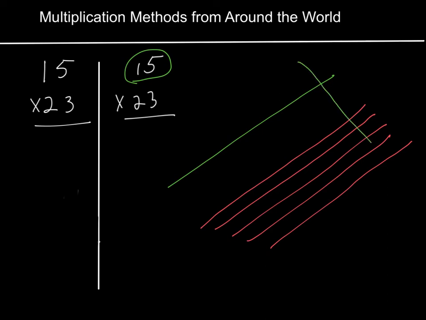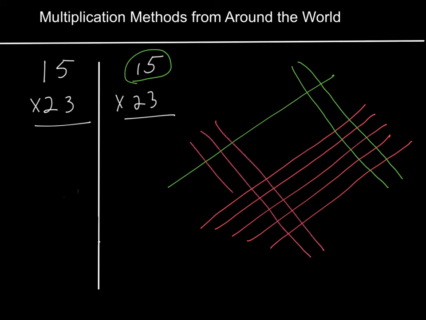It's going to be 2 lines for the tens, and then 3 lines for the ones. Now, notice how I wrote these. I made a little gap in between here and a little gap here to separate so I could see what was what. And that's kind of important.